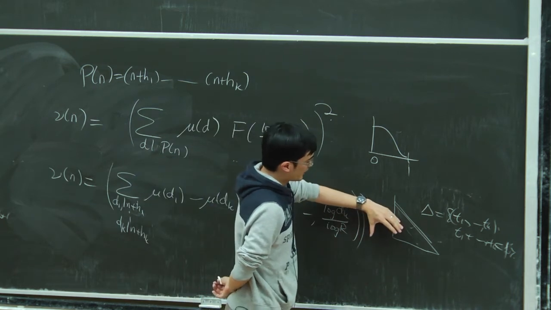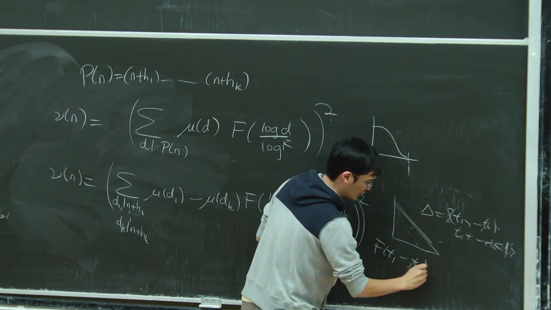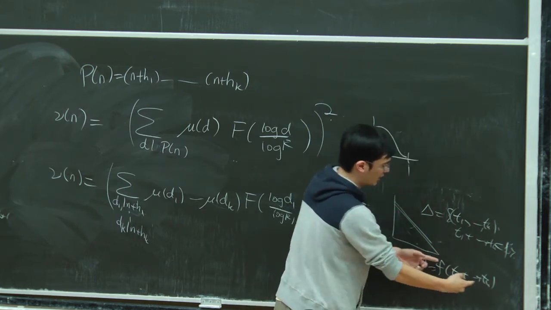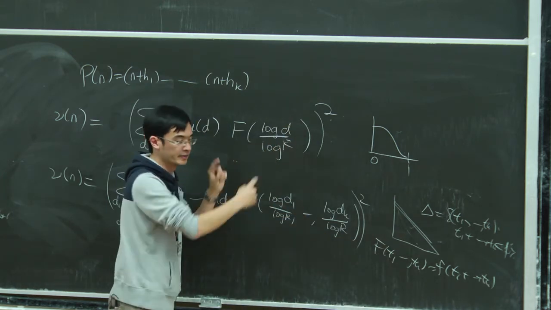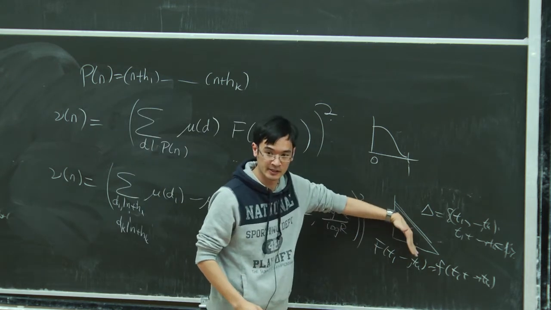If this function only depends on the sum of these inputs, then this sieve collapses to the previous sieve. But this is a more general sieve because you can pick functions which are not functions of just the sum.